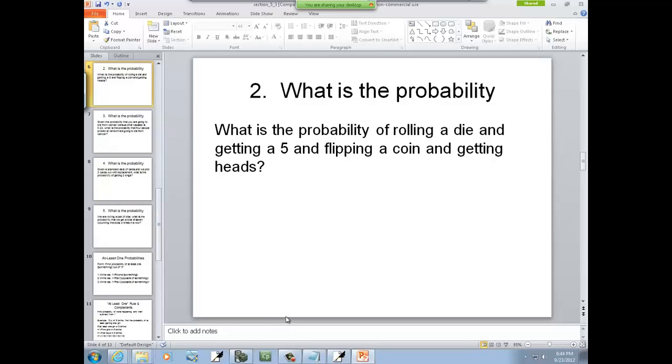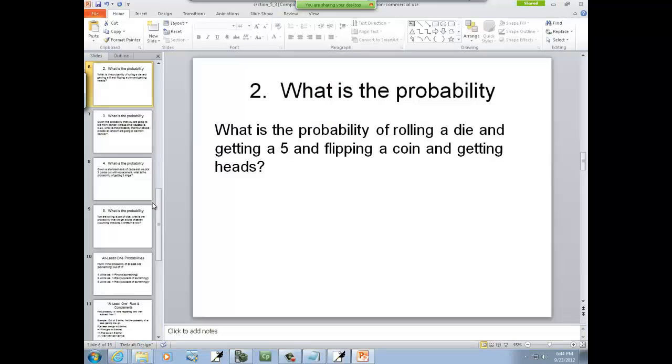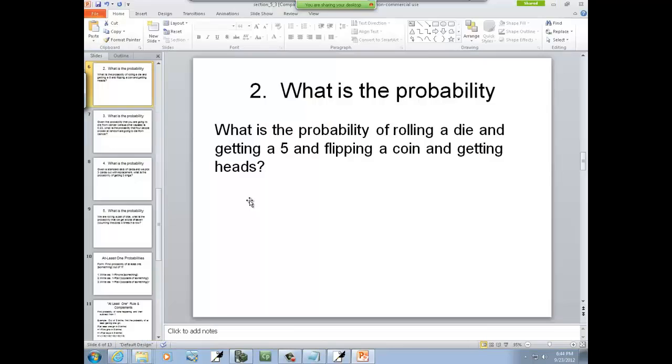Let's take a look at finding a probability. It says what is the probability of rolling a die and getting a 5, and flipping a coin and getting heads. So 5 on a die and heads on a coin.